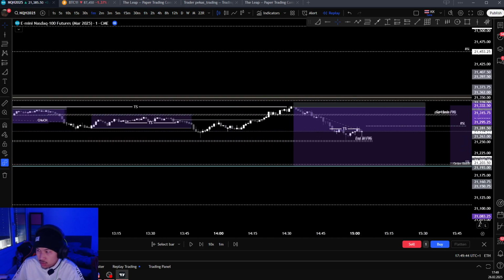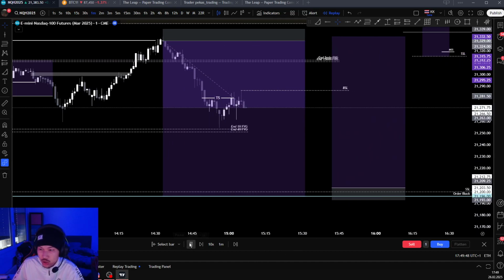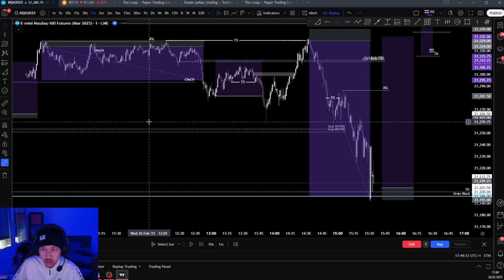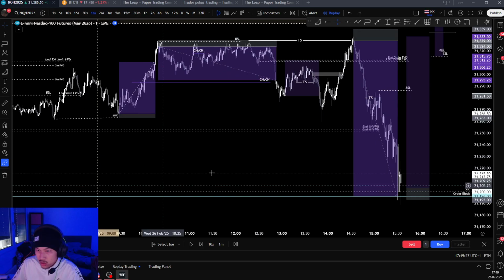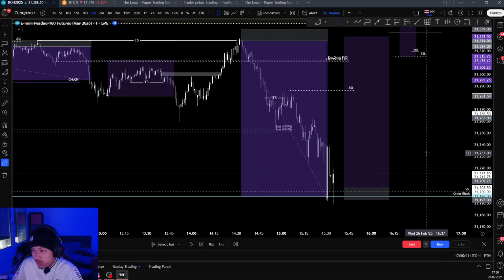That was my TP, and then from there on I wanted to look for a long position because that's a huge manipulation move. So accumulation again, accumulation, loss of sell side liquidity, manipulation, now the distribution leg to the upside.